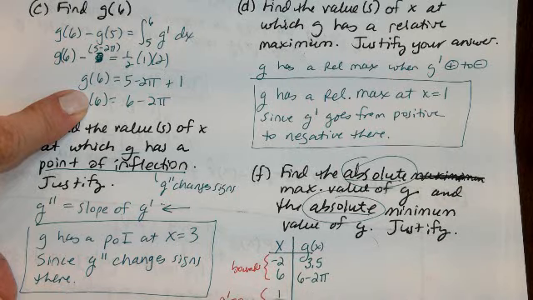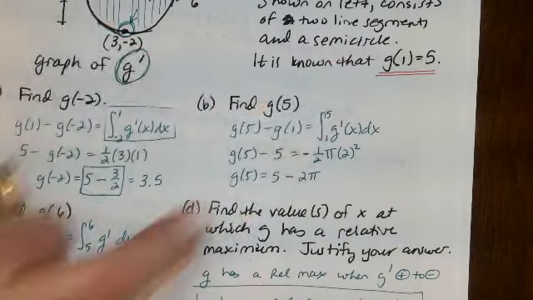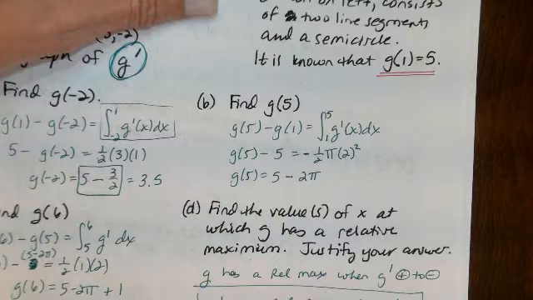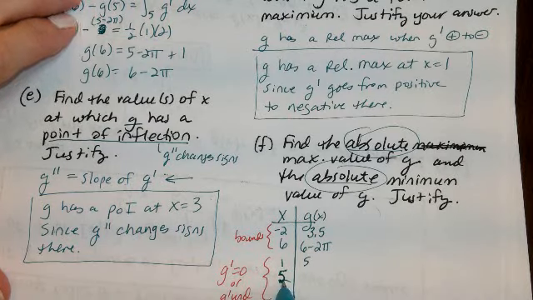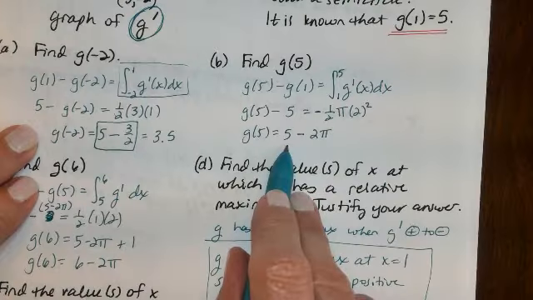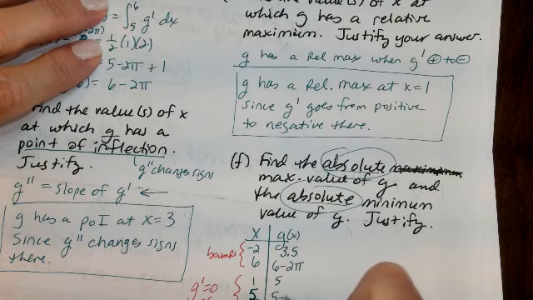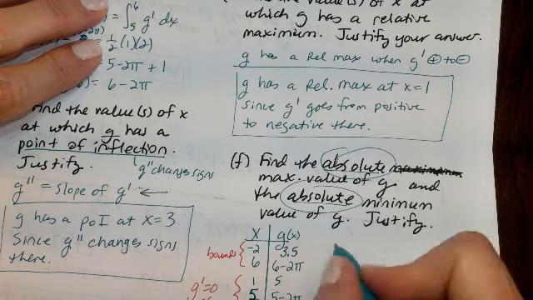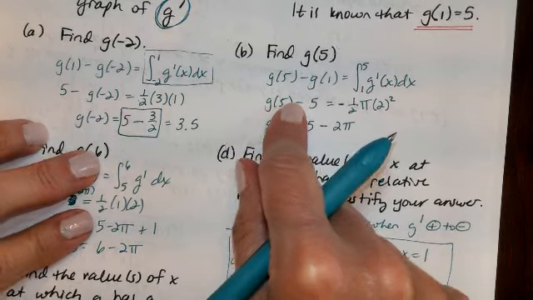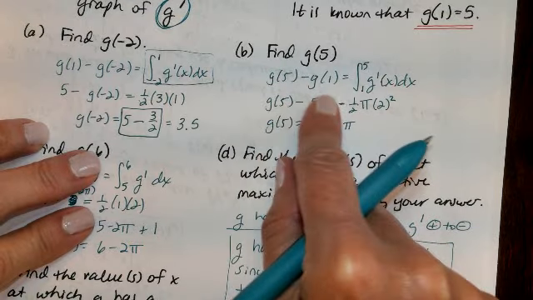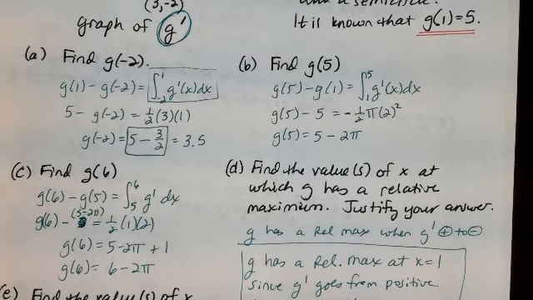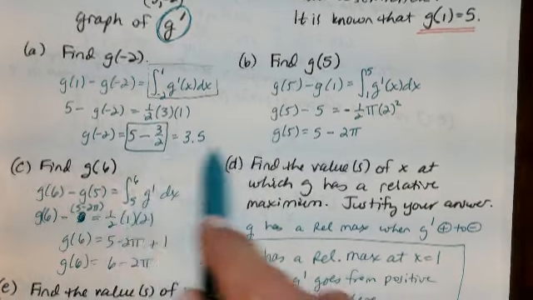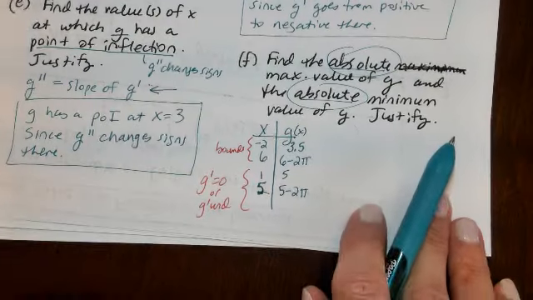Did we find G of 1? We didn't find G of 1, but we were given G of 1, and G of 1 is 5. And did we find G of 5? Yeah, we did up here, 5 minus 2 pi. If we hadn't found those, then we would have to go off to the side and find those using the same process, the fundamental theorem, that we did for these, okay? So oftentimes in part A or B, you'll find some values that you'll end up using later in these problems.